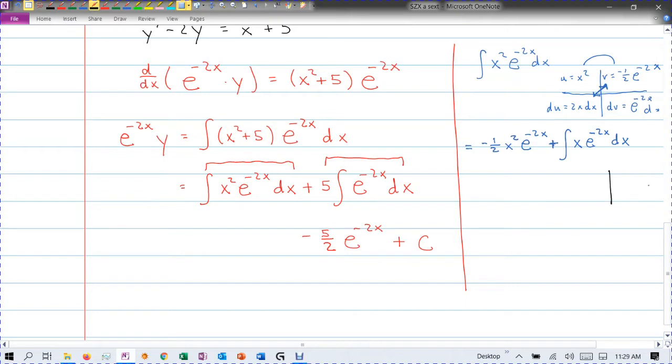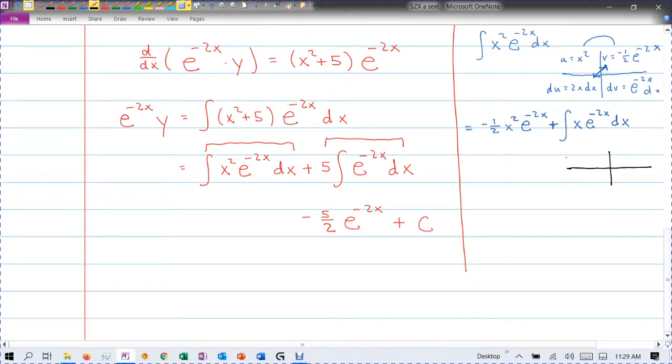So do it again. I'm going to put u is equal to x, du is dx. Okay, dv is the e part, so e to the negative 2x dx. And then v must be negative 1/2 e to the negative 2x.